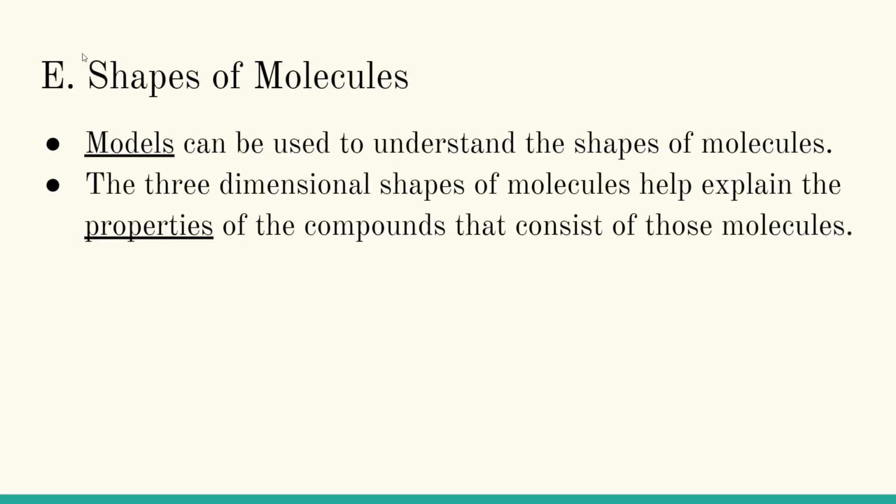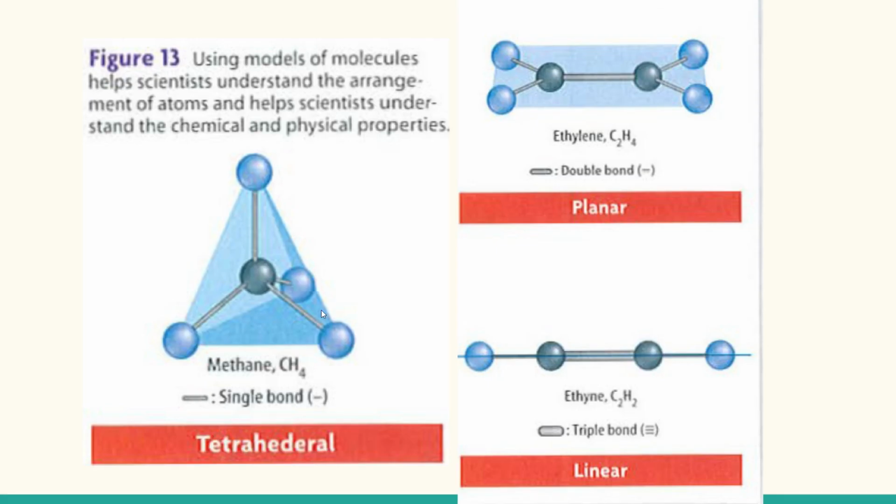And section E kind of doesn't really fit the rest of it, but all it says is we can use models, like 3D models, to picture what these molecules might look like. And if we do that, sometimes it helps us explain some of the properties of compounds. So here we see methane is like a triangle, ethylene is a flat rectangle, ethyne in this case is a straight line.